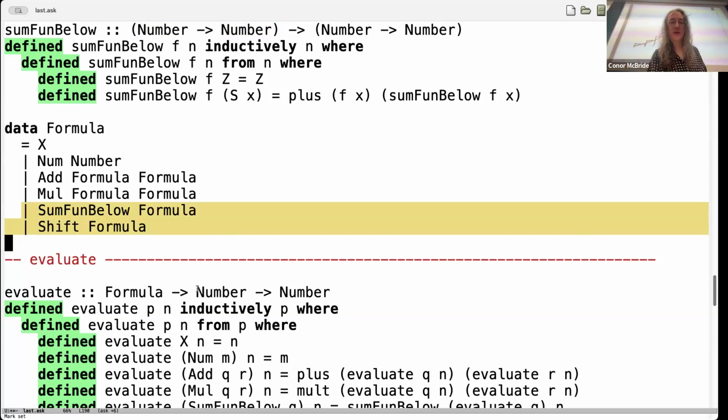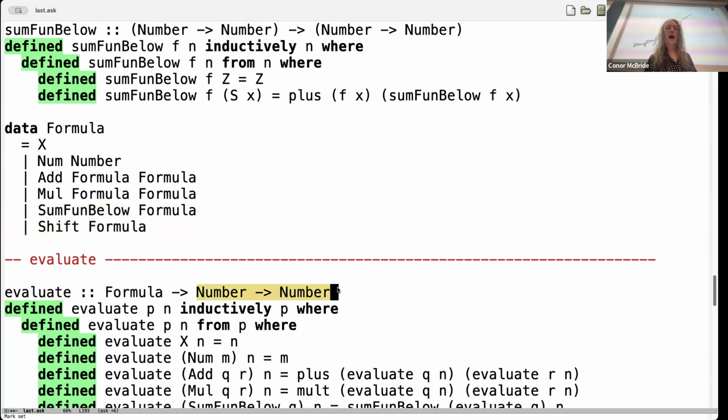If you group the number arrow number on the right in the type of evaluate, what we're saying is evaluate takes a formula in and gives you a function out. So it's a little programming language. Little s sum fun below wants a function, and big S sum fun below gets a formula.